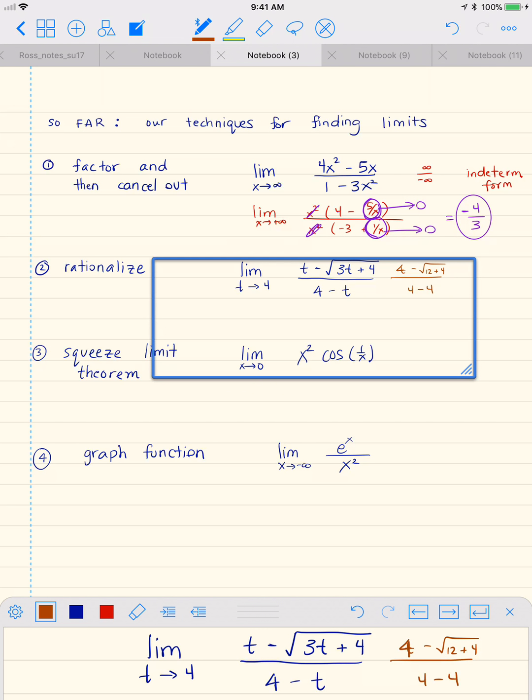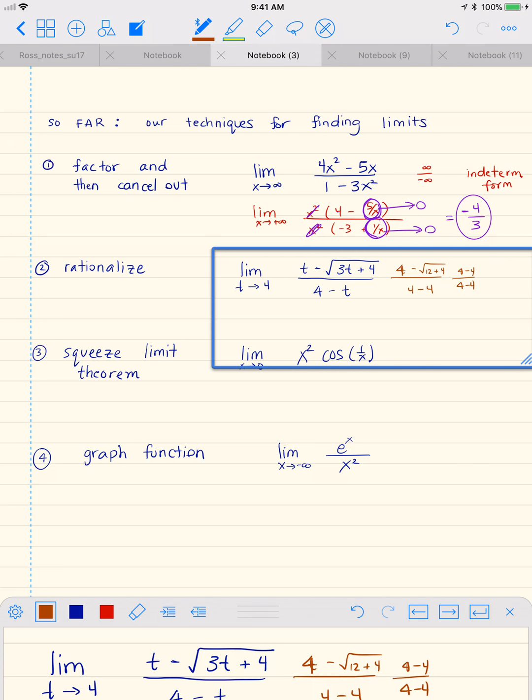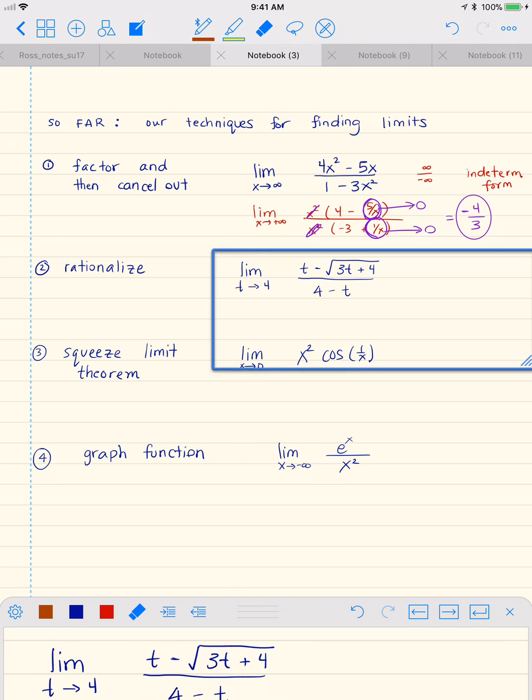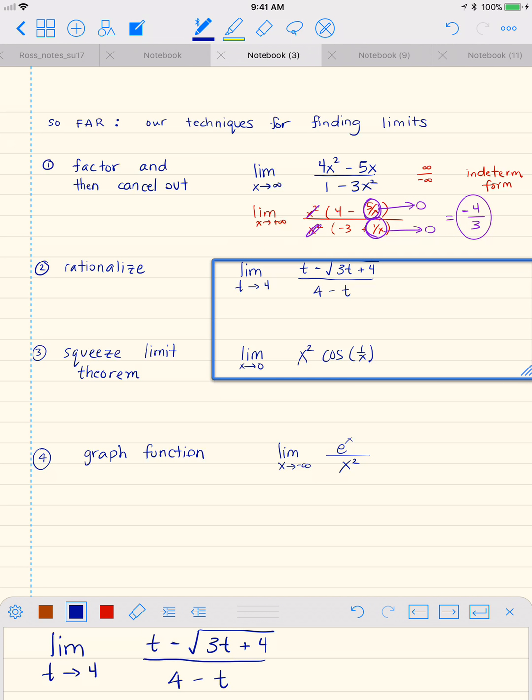But t is 4, so we get 4 minus 4 over 4 minus 4. Definitely we have an indeterminate form. So again, since it's indeterminate, we would rationalize. We'd multiply the top by t plus the square root of 3t plus 4, and the bottom by t plus the square root of 3t plus 4.